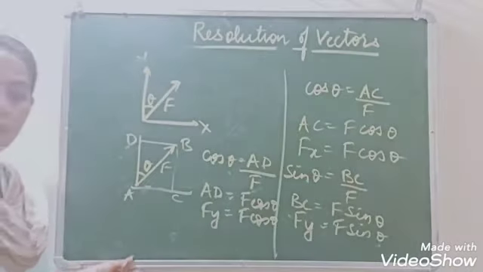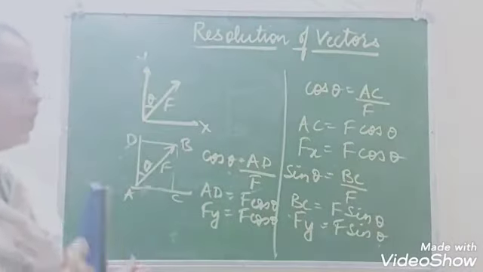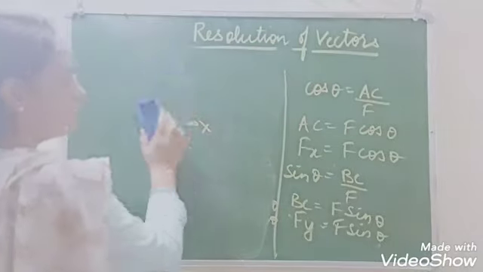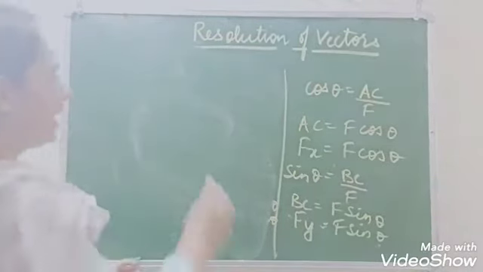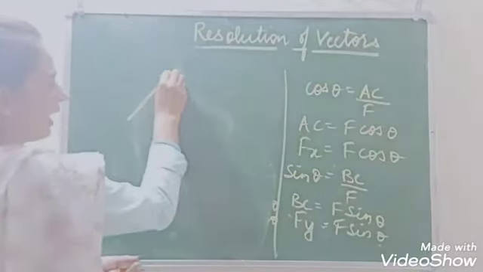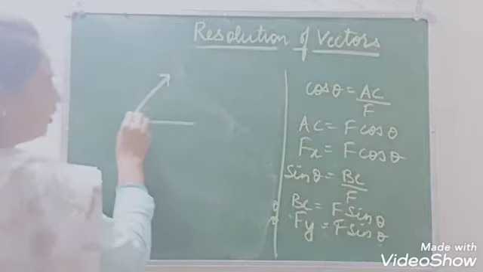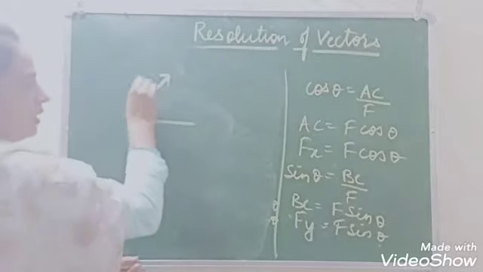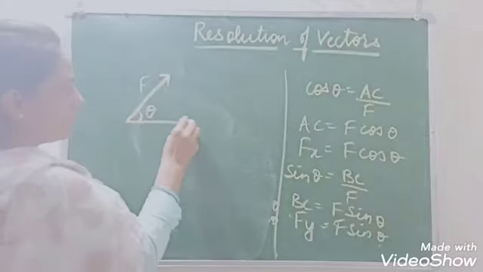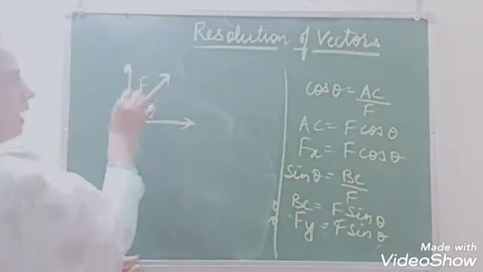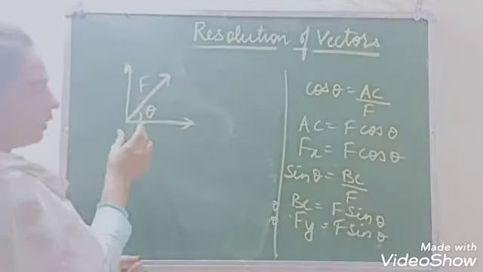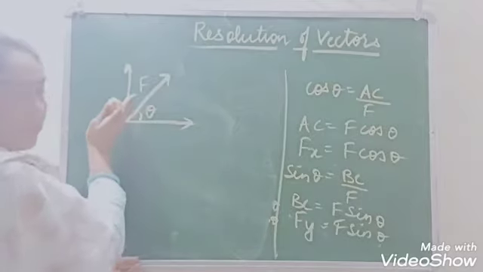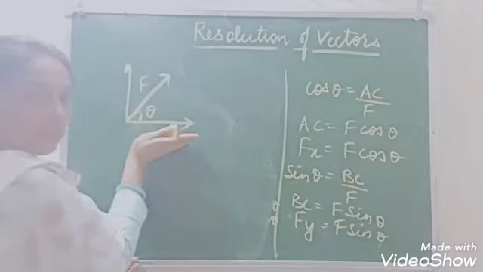So I'll give you a simple trick. You don't need to get confused. It is very easy to remember that wherever the angle theta is, that means F makes angle theta with whichever axis.